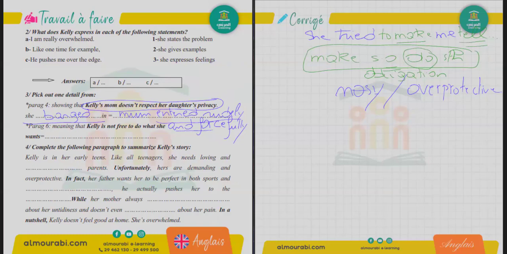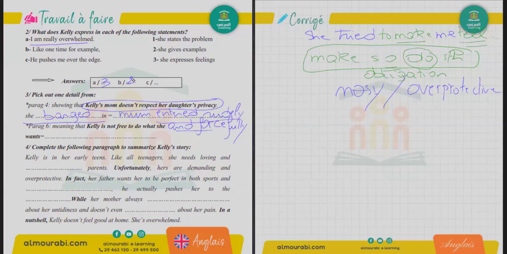Here, when you say I am really overwhelmed, which is the title of the lesson of our text, of course. What does she do here? Does she state the problem? Does she give examples or does she express her feelings? She expresses her feelings here. When she gives the example about her boyfriend, like one time for example, she gives an example that has to do with her boyfriend who left her.